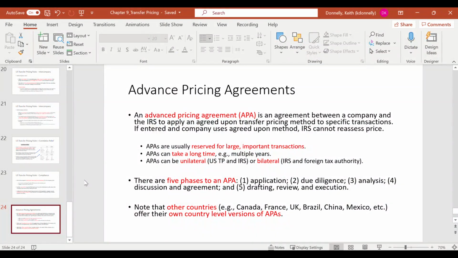So the final point we're going to talk about here would be an advanced pricing agreement. Let's say that you just listened to this whole lecture. You say, I know transfer pricing is a big deal and I need to set these prices appropriately. Now, your client is coming to you and they're saying, we really want to try to minimize taxes.